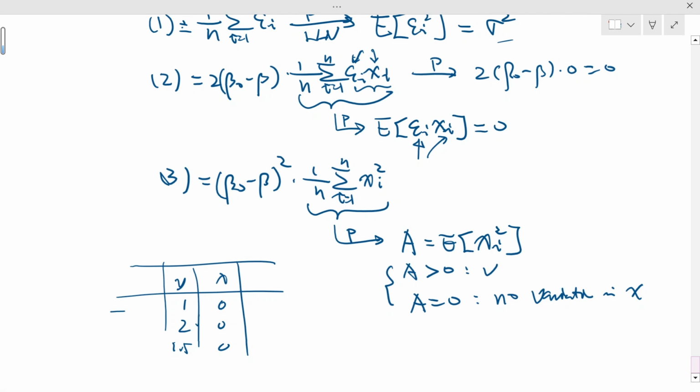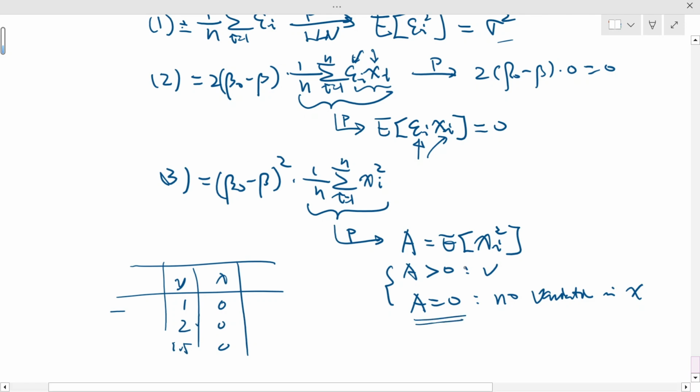Or if we have multiple explanatory variables, in multivariate regressions, and the xi are multicollinear, then we might have this situation of a equal to 0.